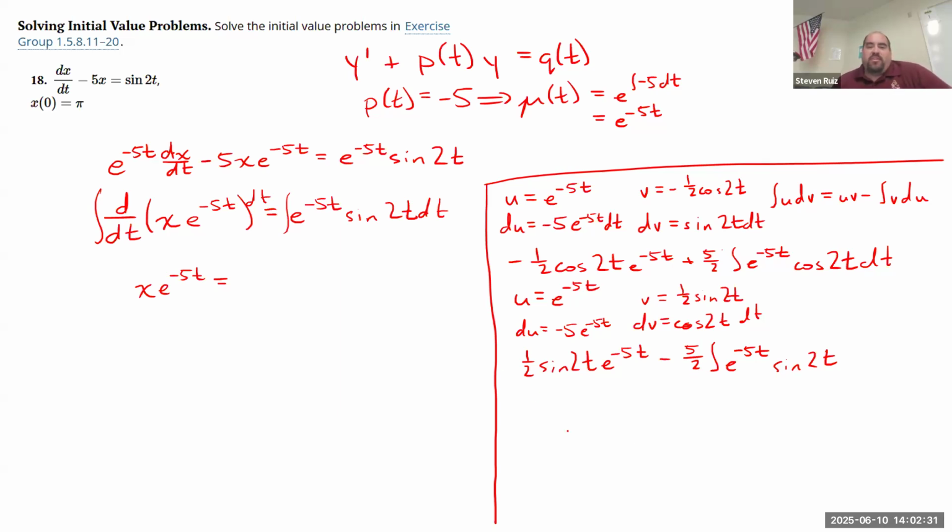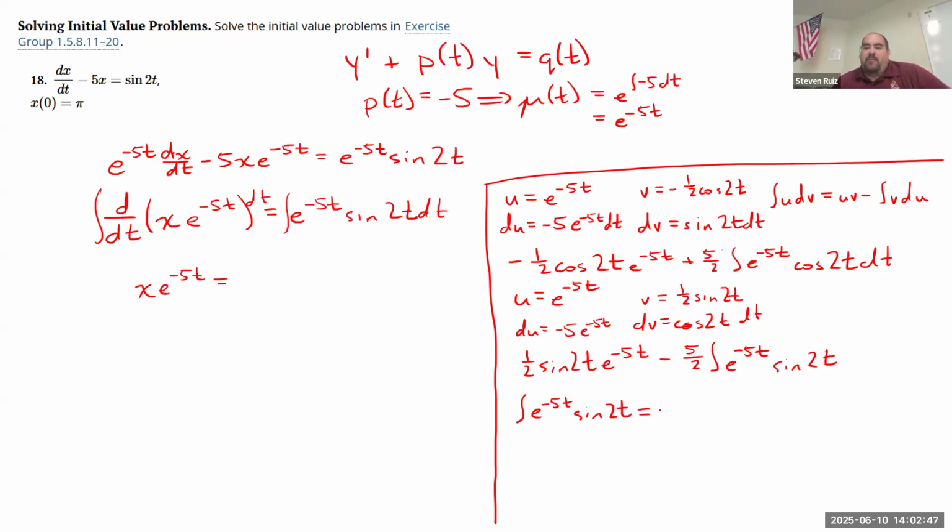So remember where we started. This whole process was to set up this integral: the integral of e to the negative 5t sine 2t. And so far, what have we come up with?